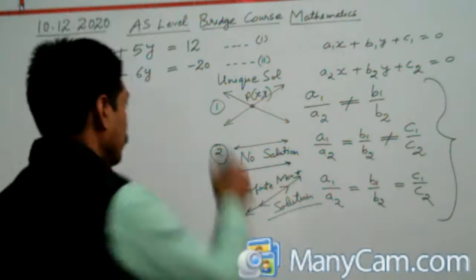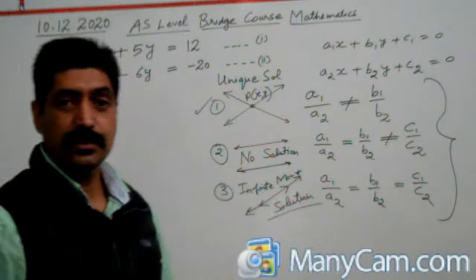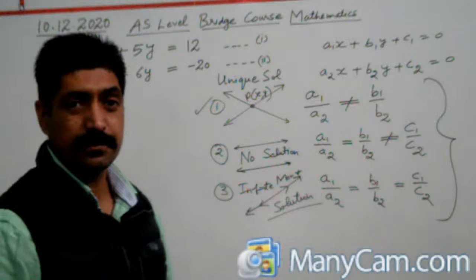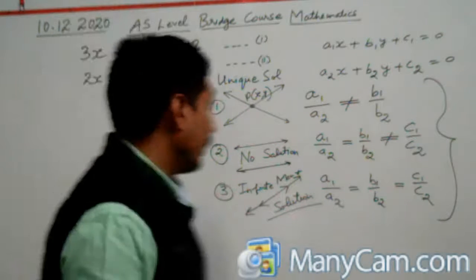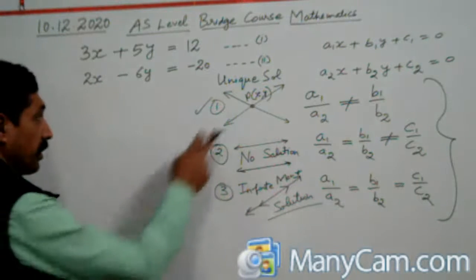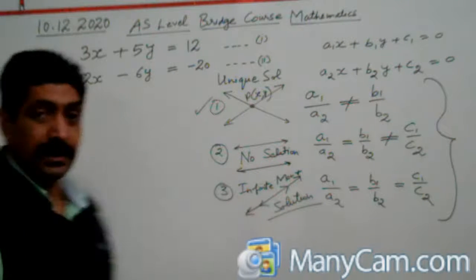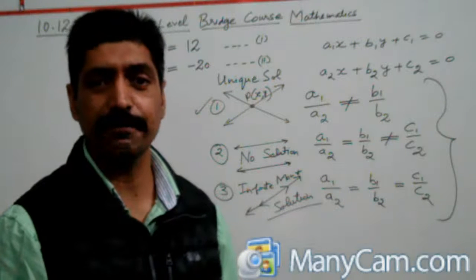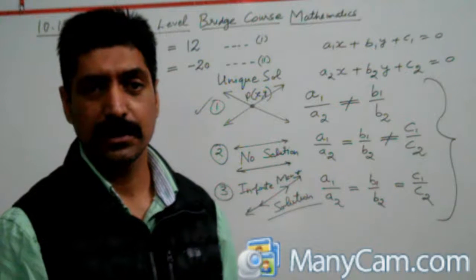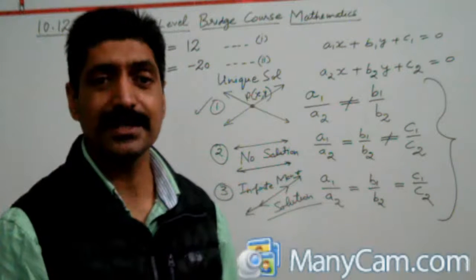First, when the equations provide the unique solution. Now, one more terminology that is used: when the pair of linear equations have one solution, that is a unique solution or infinitely many solutions, the pair of linear equations is called consistent.